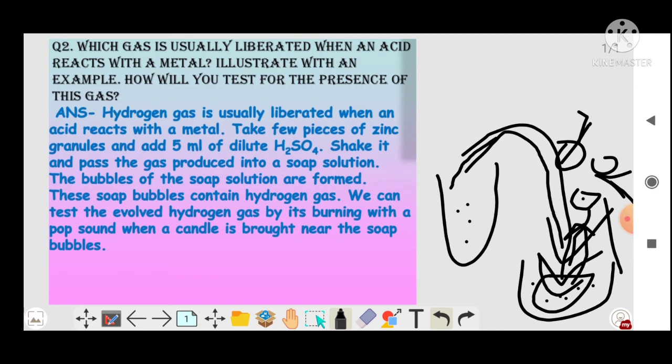A burning candle is brought near the bubbles, and there is a pop sound, the bubble burns with a pop sound. This is the test that illustrates that when an acid reacts with a metal, it produces hydrogen gas.